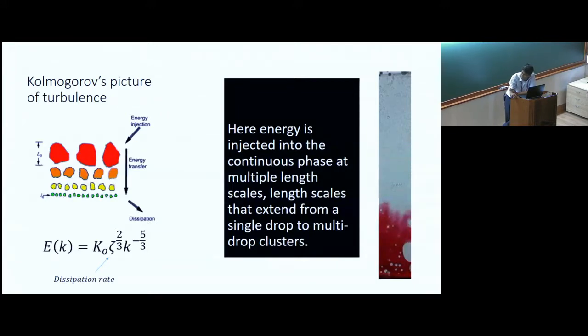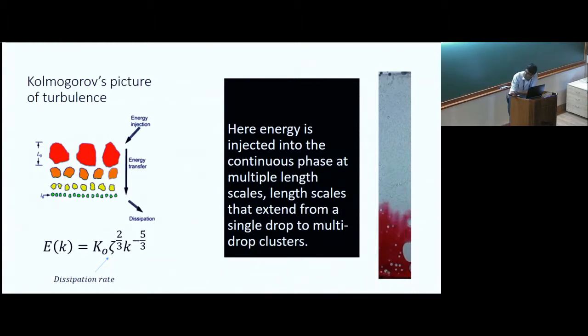If you have an inertial scale in your system, then Kolmogorov came up with the argument where E(k) goes like the energy pumping efficiency, how much energy you pump into the system or dissipate out of the system per unit mass, and the wave vector goes like k to the power minus 5/3.